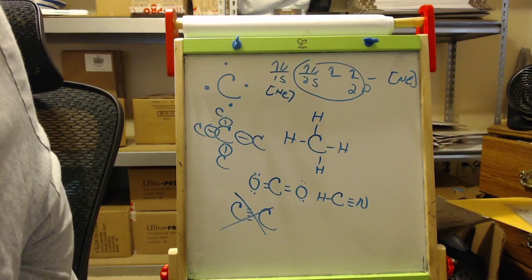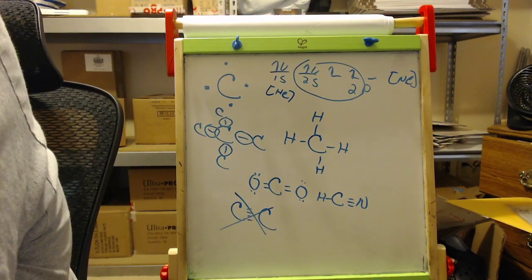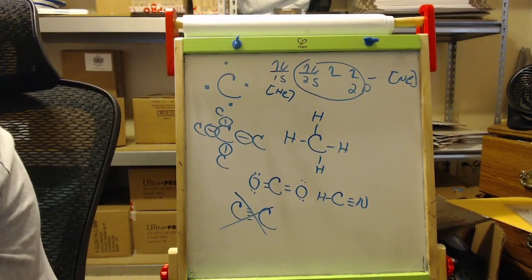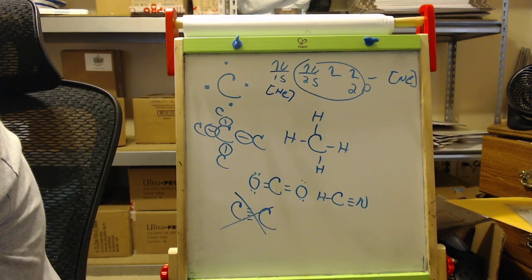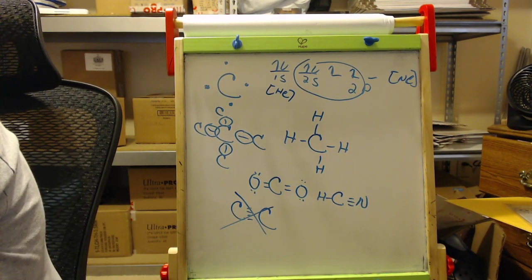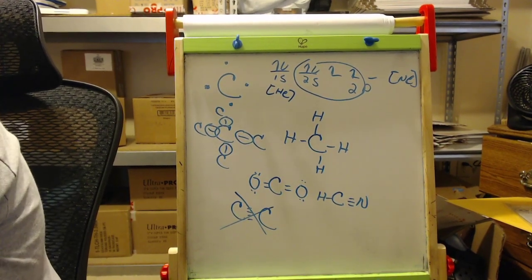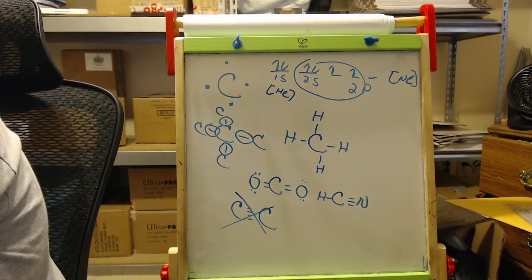Now in the slides, I used the slides from my inorganic chemistry course, general chemistry course, for the first set of slides, and I talk about ionic bonds and things like that just as a review, but we really don't need to get into those because carbon's not going to do that.